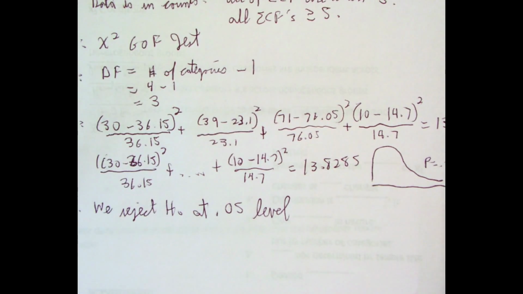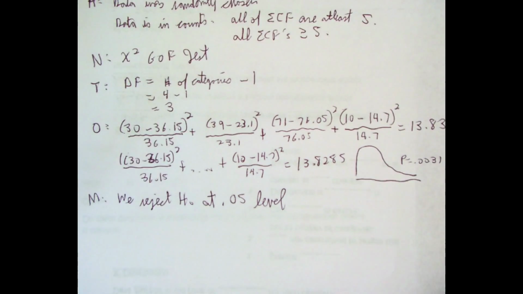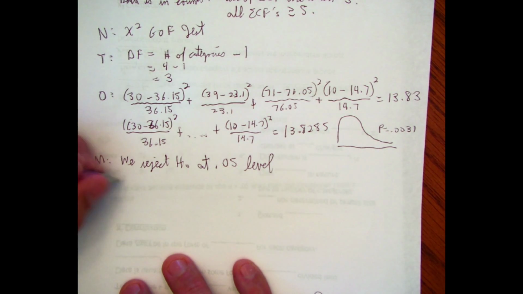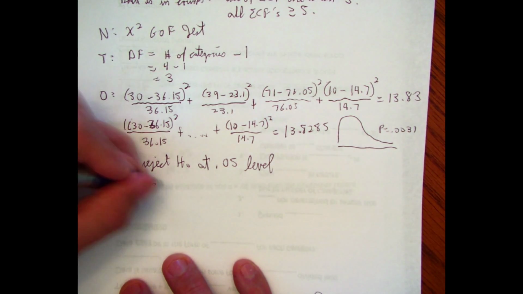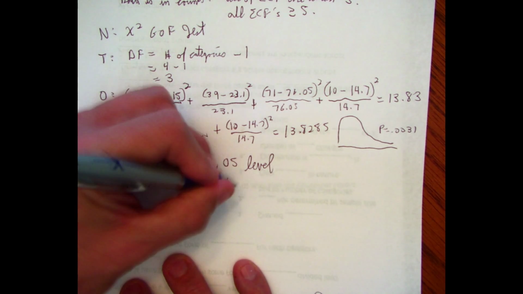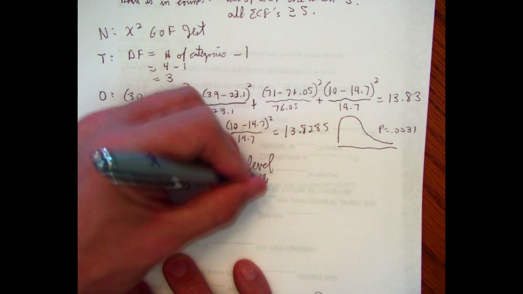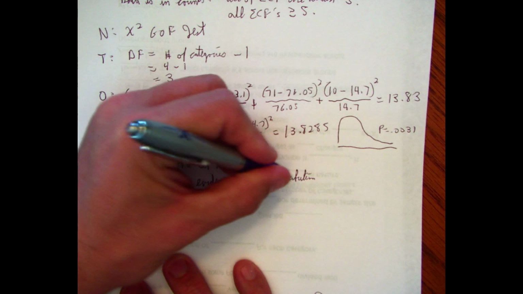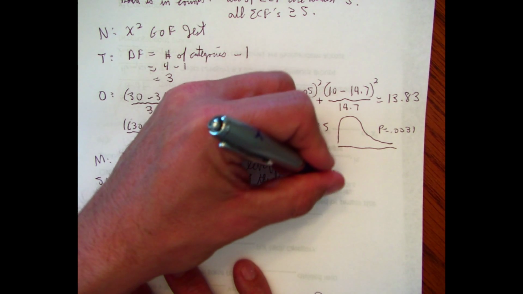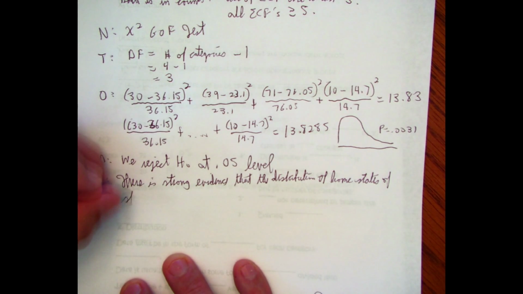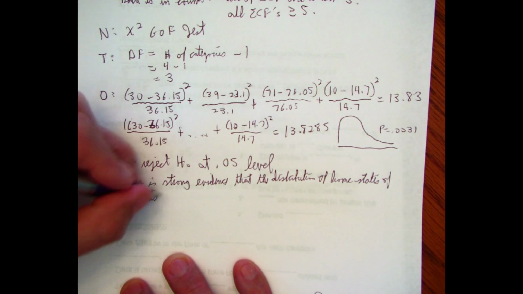And then what we would do is we got to state the conclusion. So in this case, there is strong evidence that the distribution of home states of students is not as expected.